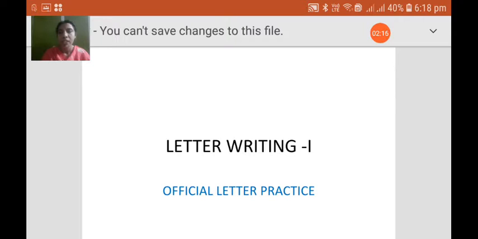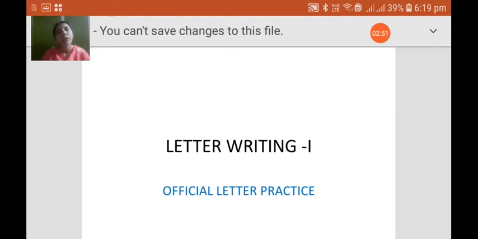And we discussed the various parts of a letter. Our letter should be well organized and we follow a proper format for the letter. In the last video we recognized each part with their names: the recipient's address, the sender's address, the date, the salutation, the subject line, then the body of the letter, the complimentary clause.